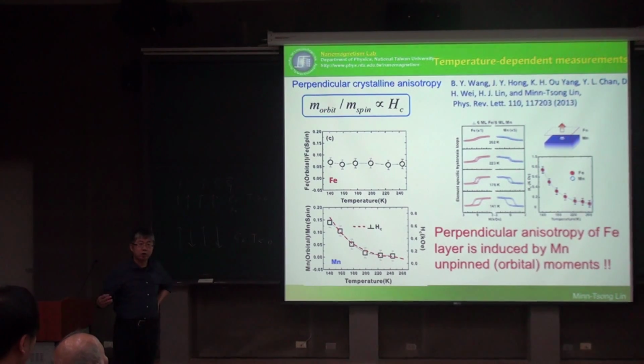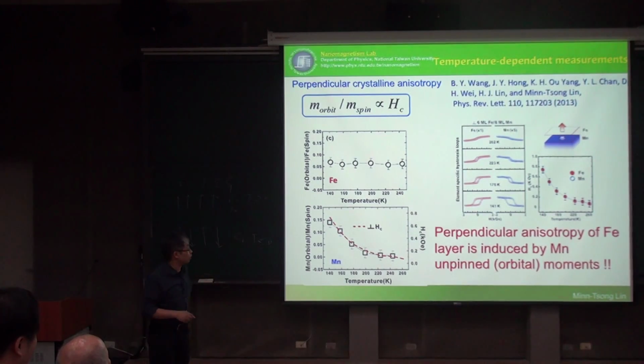In other systems, the perpendicular anisotropy is determined by the orbital moment of the ferromagnetic layer. However, here the perpendicular anisotropy of the whole system is due to the antiferromagnetic system.